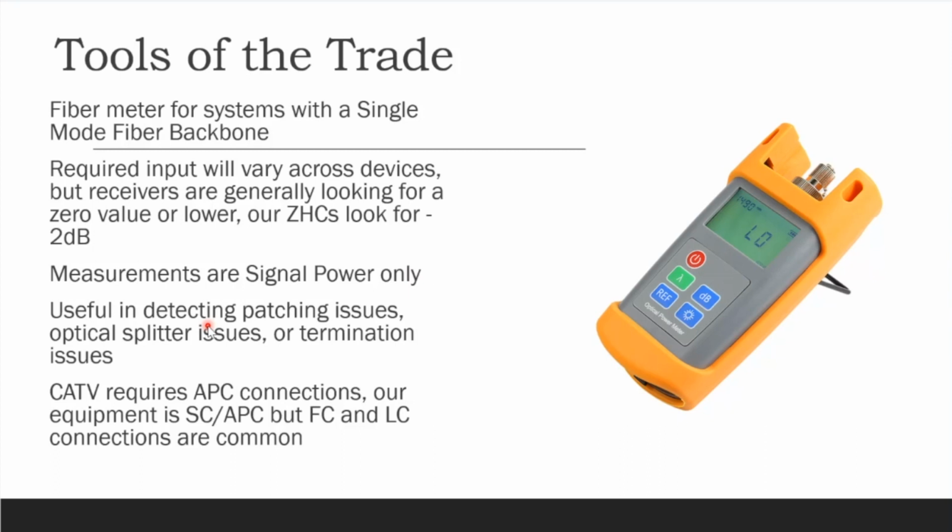But really what you're looking for in an HFC system, that hybrid fiber coax design, is that your values closet to closet to closet should have a small degree of variance, because the amount of loss that you're introducing on a fiber backbone is very, very minimal, unless you're running a long way, like thousands of feet or half a mile across campus or something like that. You should not see large variation in your dB levels across different closets in a fiber backbone.